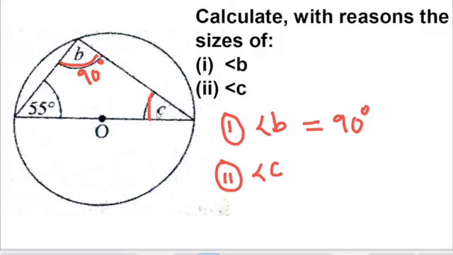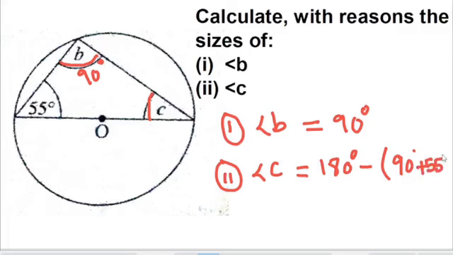So angle C plus angle B plus 55 should be equal to 180. So angle C is equal to 180 degrees minus the 90 degrees plus the 55 degrees.